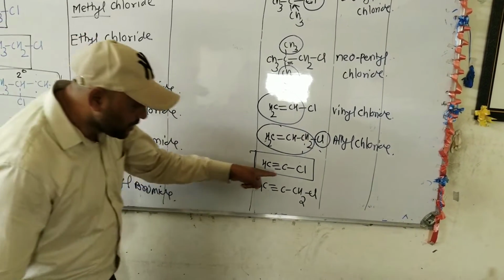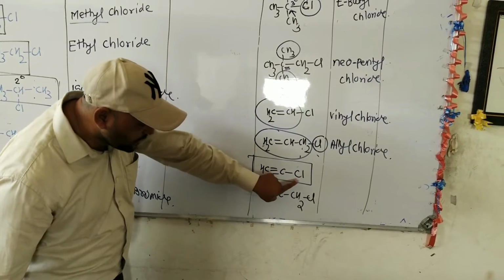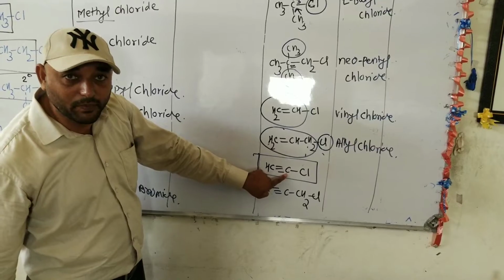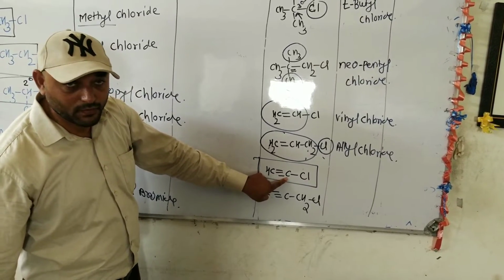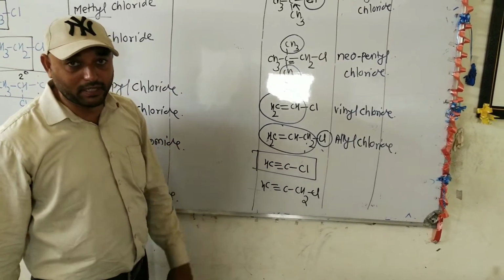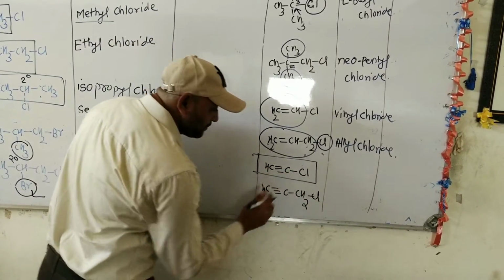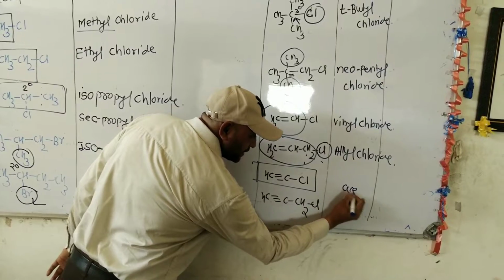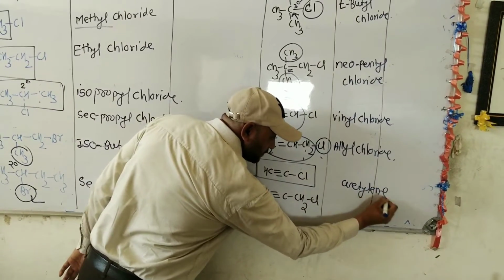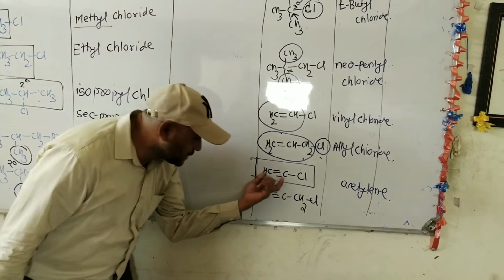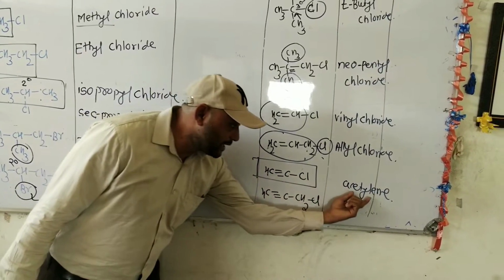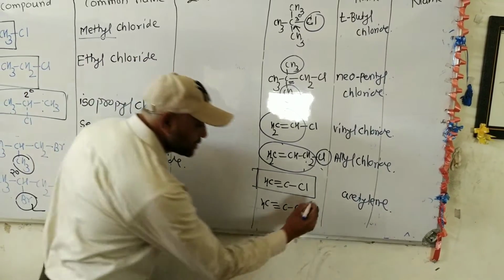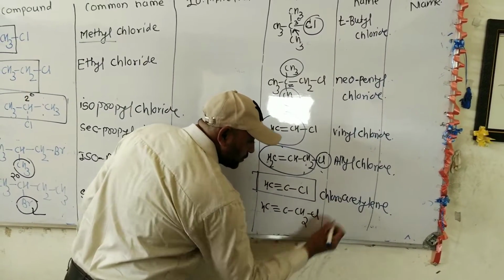In this case chlorine is directly attached to a carbon-carbon triple bond carbon atom. So in common name, this two carbon alkyne is called acetylene, and this is chlorine, we call it chloro.